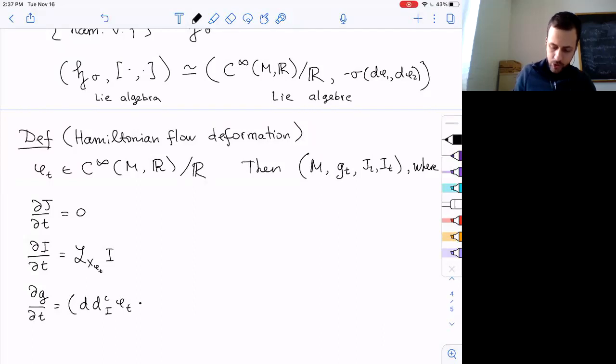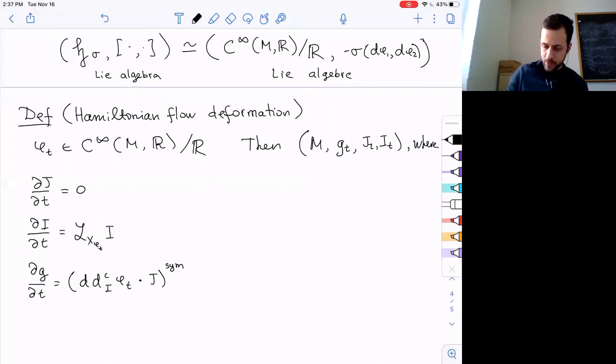Then we compose it with J, it becomes of mixed type, and we take its symmetric part. Then this manifold with the one-parameter family defined by this deformation is also generalized Kähler, as long as G_t is positive definite.